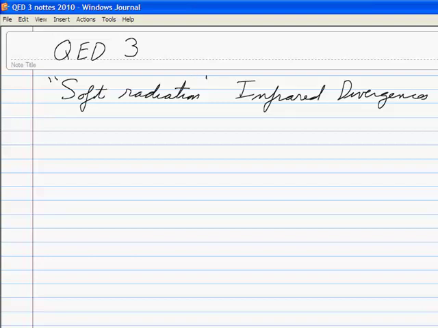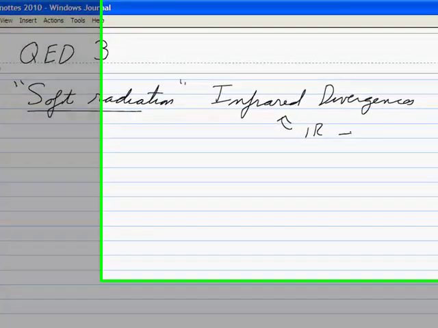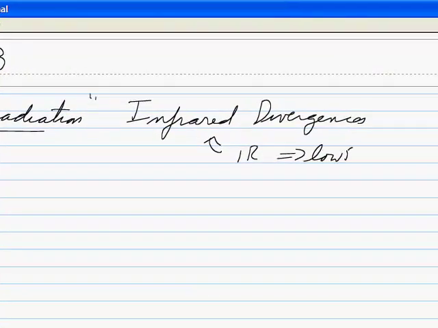Okay, so infrared, just a reminder, of course, is low energy. So at low energies, we're going to find some divergences also.